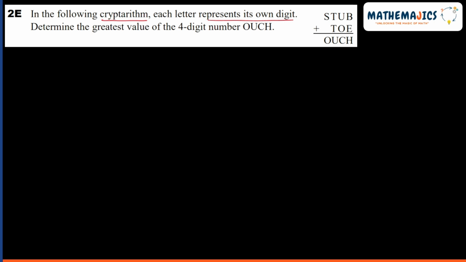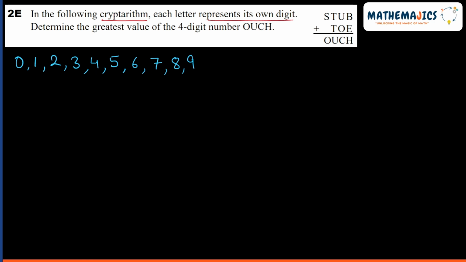We have 10 letters. So how many digits do we have to use here? We have 10 digits. These digits are 0, 1, 2, 3, 4, 5, 6, 7, 8 and 9. These are the 10 digits that we are having.